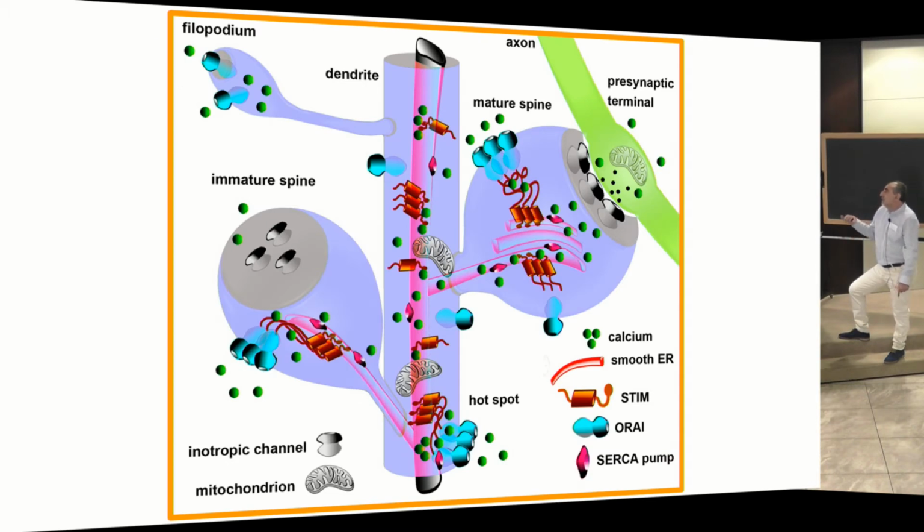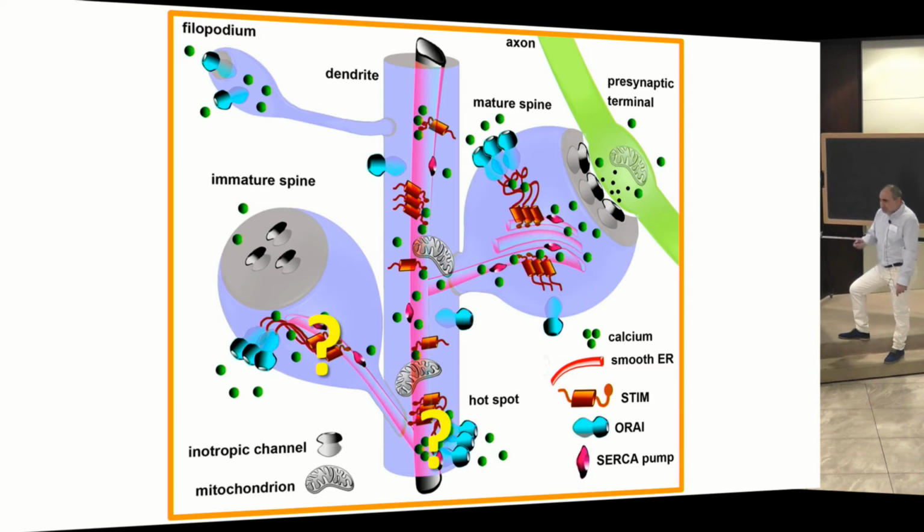So our initial model was to think that store-operated calcium entry with association with ER can create spines. But now, after seeing that actually ER is not there, we put a big question here, and we ask ourselves, does STIM need ER to go into spines?